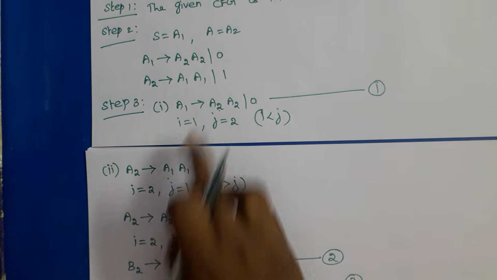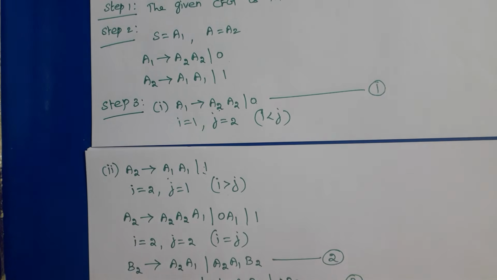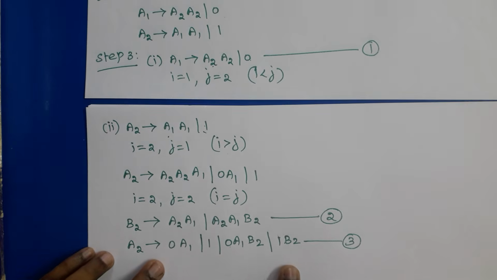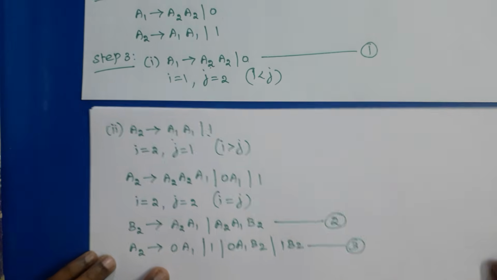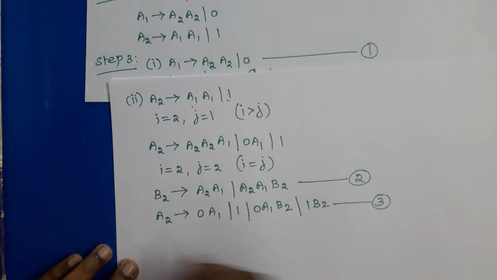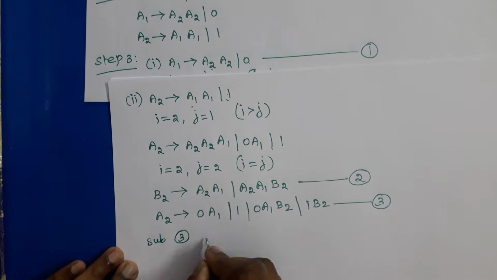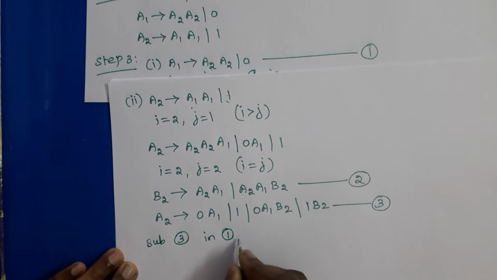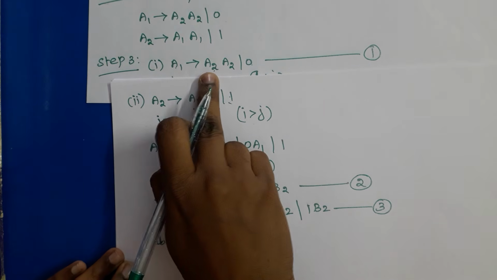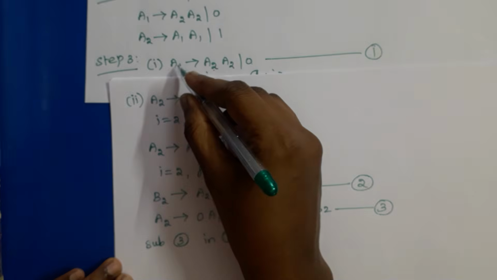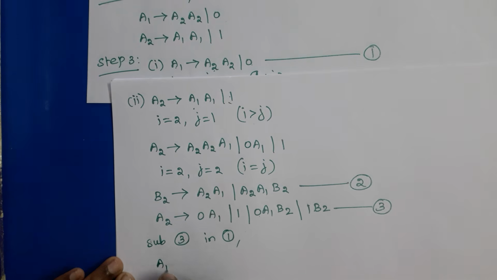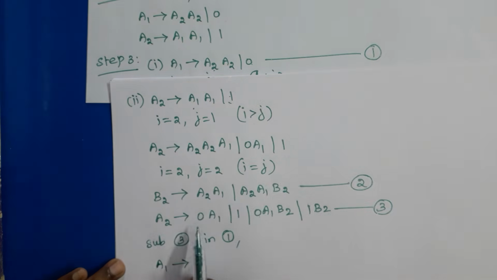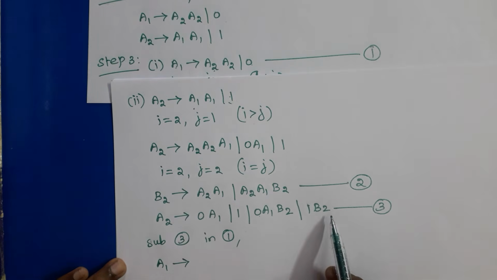Okay, so if we substitute A2's productions, these productions here, we will get A1 also in the GNF format, right? So first we are going to substitute equation number 3 in 1. But we can replace only the first symbol, then only we can get the GNF format. So now A1 tends to, instead of A2, I am going to substitute 4 equations, right?